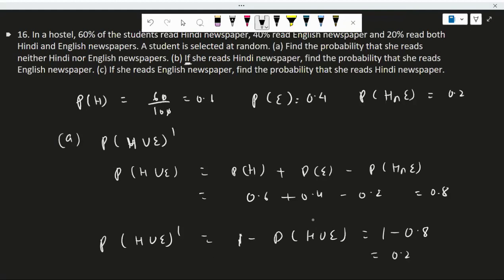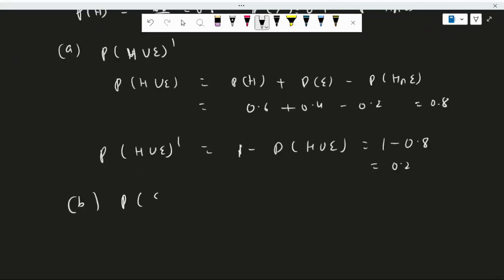The part which shows the condition will come after the oblique. P(A by B) means B will come after. So if she reads the Hindi newspaper, Hindi will come after the oblique. Find the probability that she reads the English newspaper. So P(E by H). Getting me?